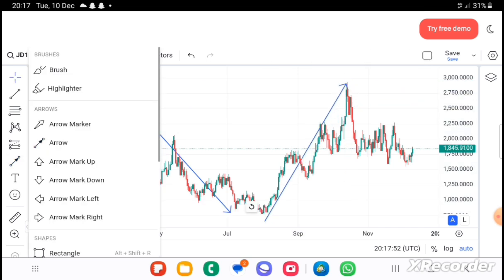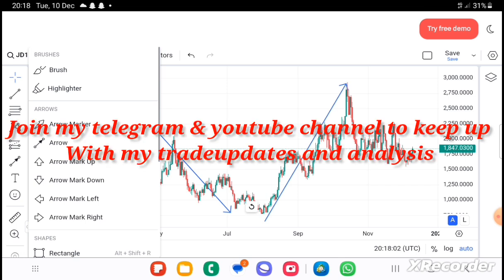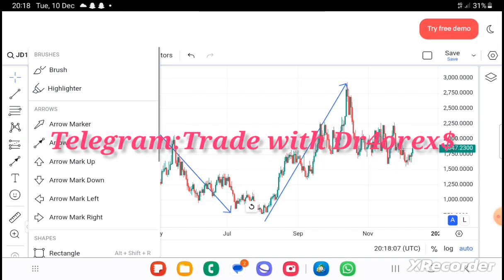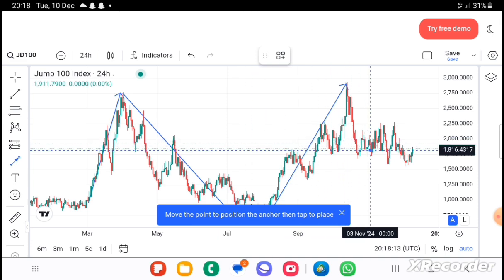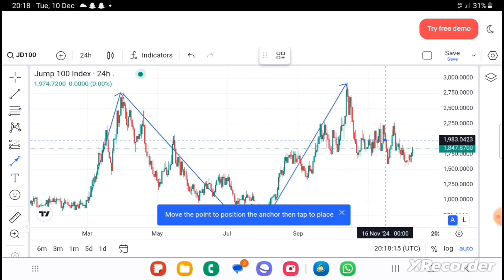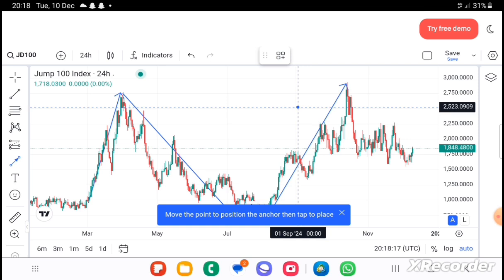Then after creating this new high over here, price finds itself in some form of a range, but there is a reason why it's doing that: filling in some fair value gaps and doing a few other things. So ultimately, what we expect is that I believe price is coming to test this level.